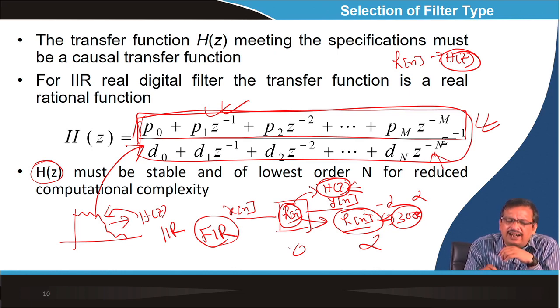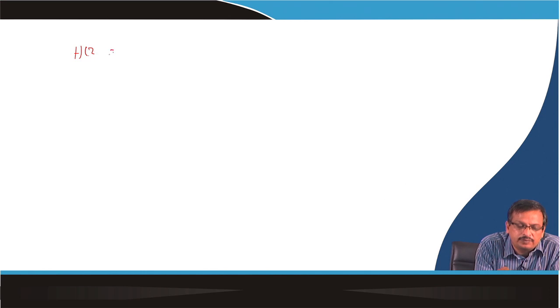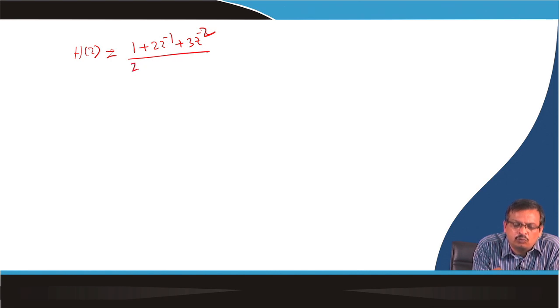Let's say I give you the transfer function H(z). I have already discussed the structure 1 and structure 2 implementations. Let's say I give you a filter transfer function in polynomial form: H(z) equals 1 plus 2 z to the power minus 1 plus 3 z to the power minus 2, divided by 2 plus 5 z to the power minus 1 plus 2 z to the power minus 2.